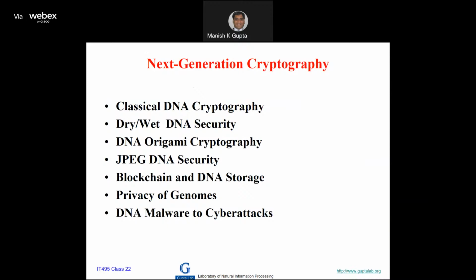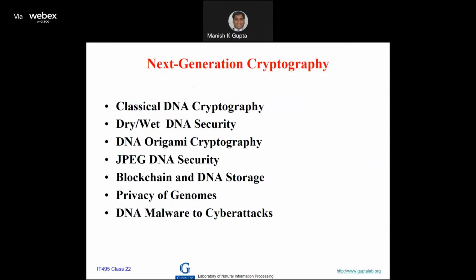DNA malware cyber attack. So what happened here? They took a computer virus and converted it into DNA. So that exe file virus is converted into DNA, and that DNA is shipped. Suppose you receive the DNA and attach it to your DNA sequencer, which is connected to a desktop or your computer system.